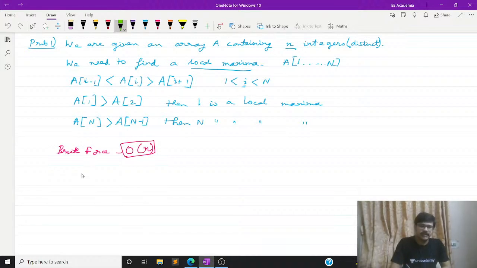Okay, so let's first look at a very important thing. You have this condition, these are things which should be satisfied.